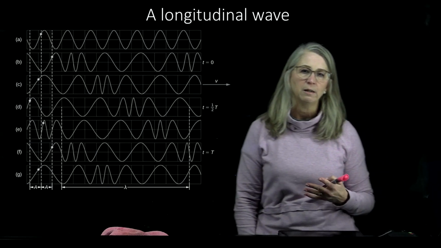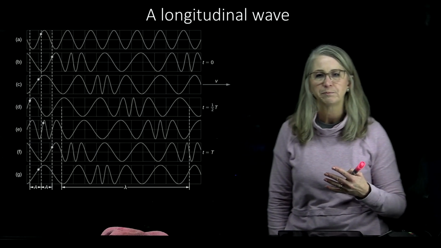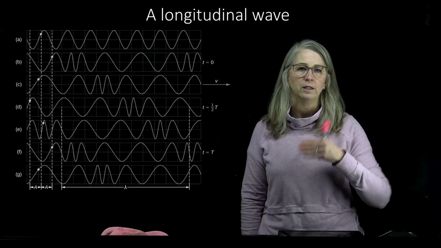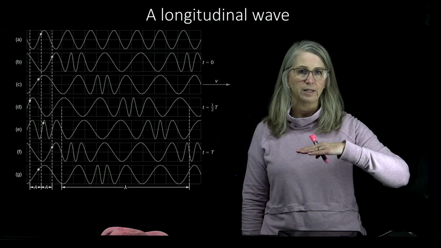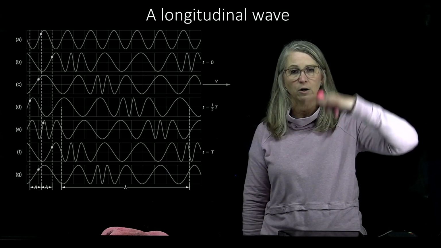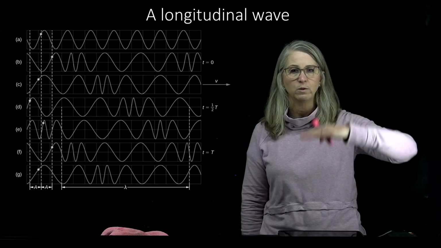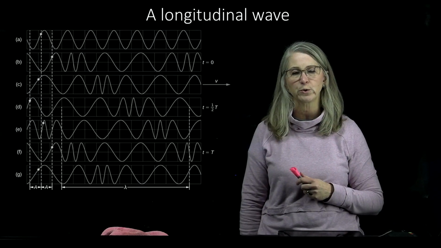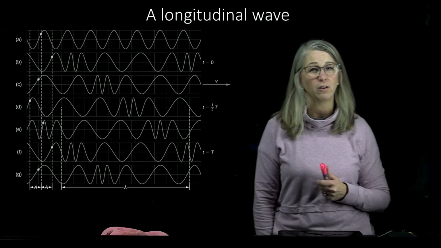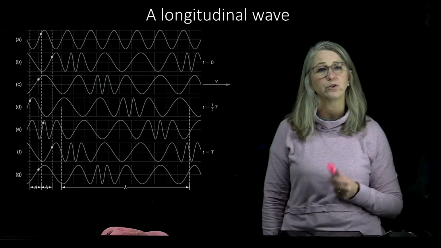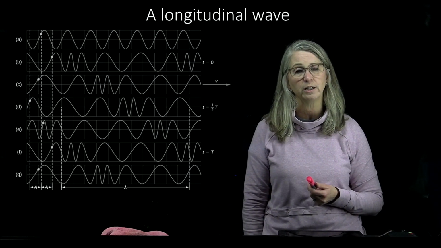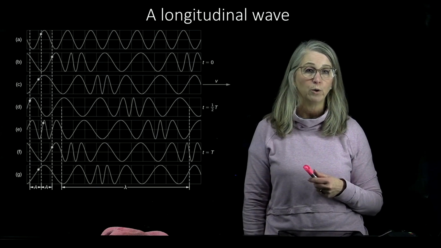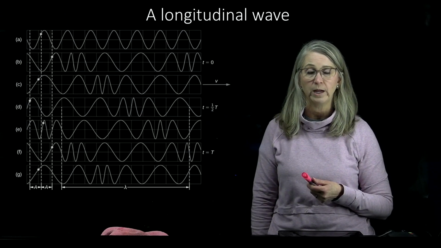Now, if we think about the picture that we looked at just previously, the seagull went up and down, and that was the motion of the disturbance for the transverse wave. Remember, for the longitudinal wave, the disturbance is in the same direction as the propagation of the wave.